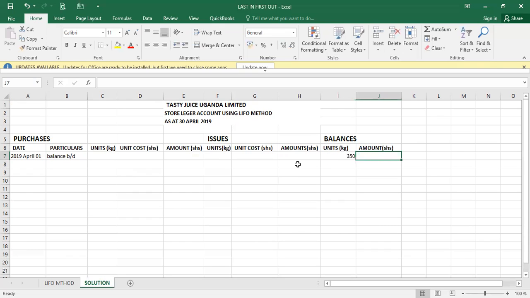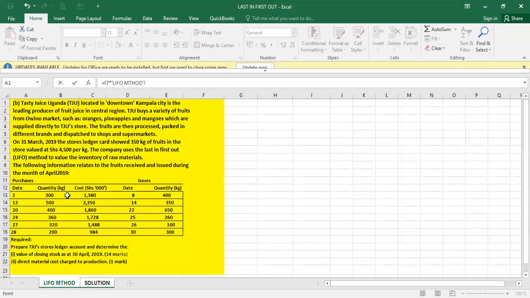So what will be the cost? You can value it from here: 350 times the unit cost. They said the unit cost was 4,500.